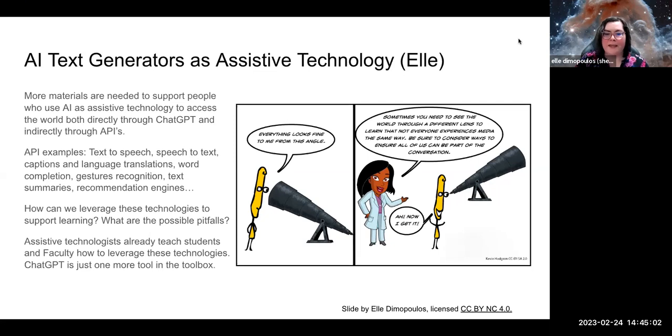Some gesture recognition. For example, I have a colleague that works at Microsoft and they're doing a translation software. So when folks do ASL signing, it will translate that into whatever language you happen to be speaking. So thinking about those things in mind. Text summaries is another great example, right?